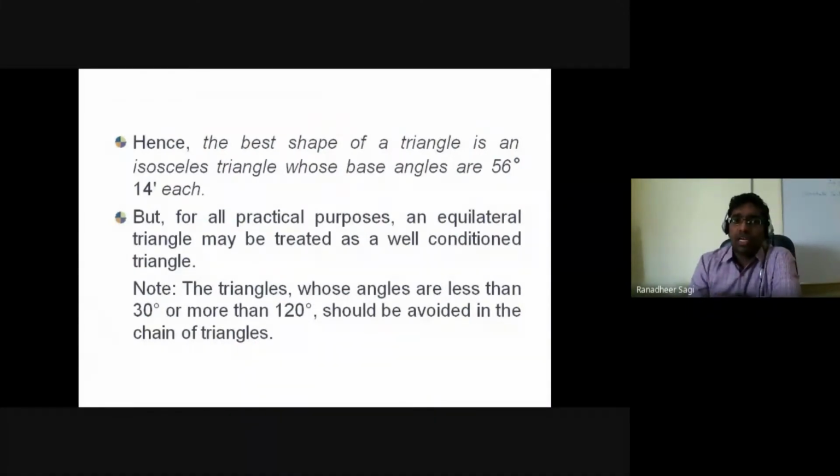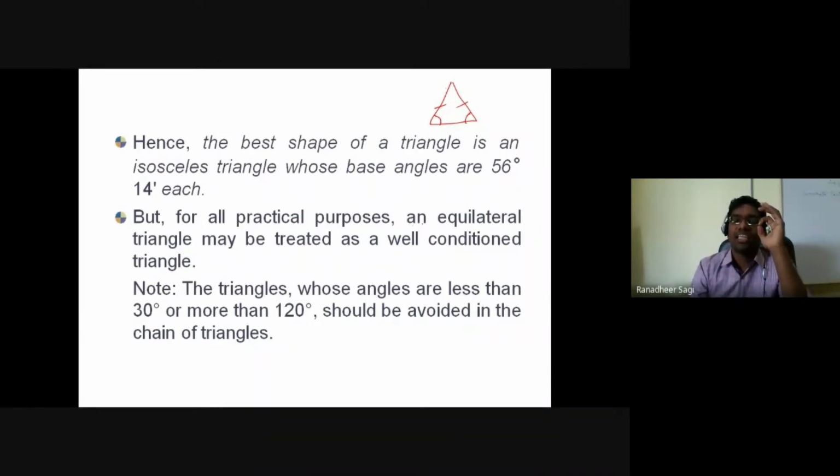When looking at a well-conditioned triangle, we say the best shape is an isosceles triangle. Say this is my isosceles triangle, where these two lengths are equal, and the base angles here and here are 56 degrees 14 minutes each.